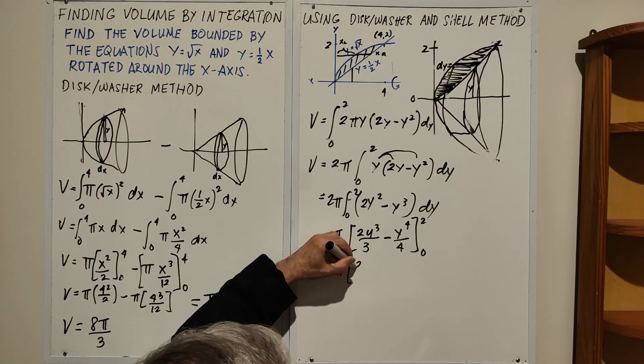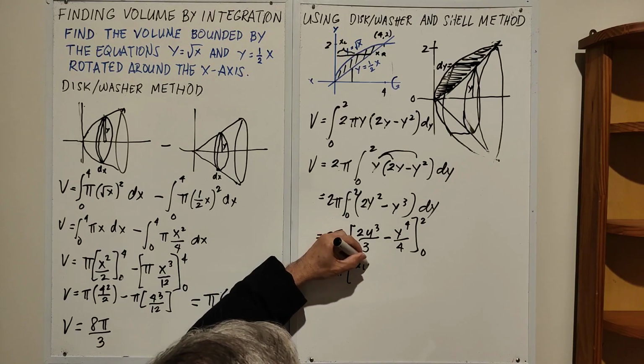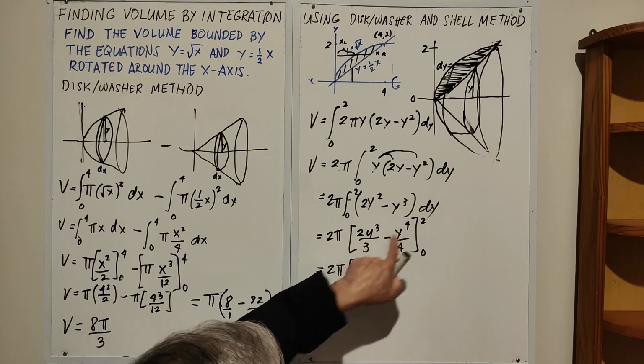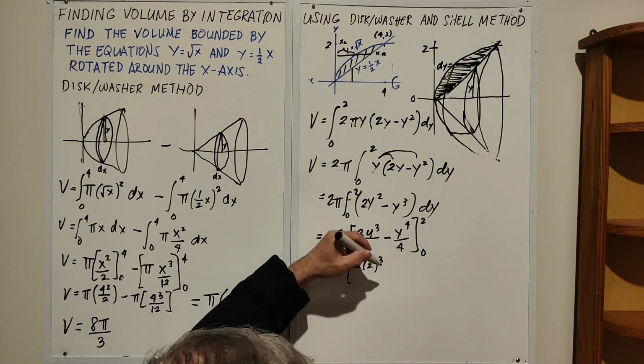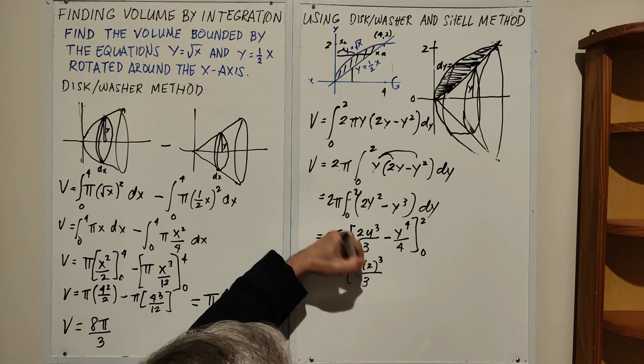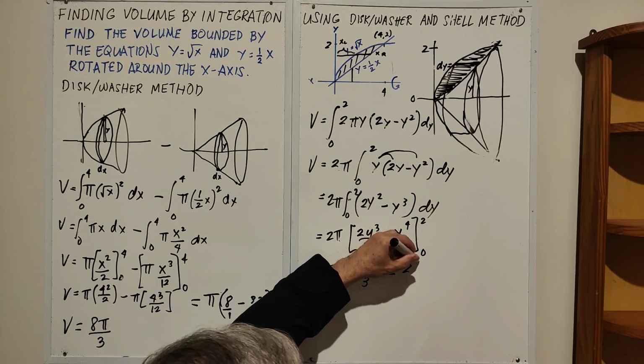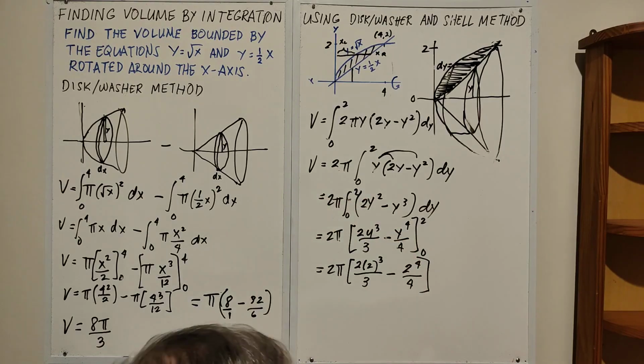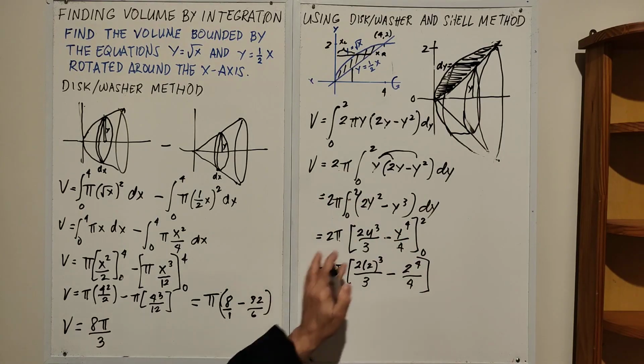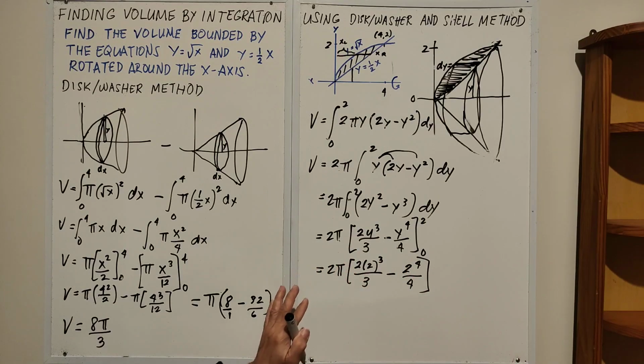So this becomes 2 pi times, we substitute 2 in 2y cubed over 3 minus 2 to the fourth over 4. Now this is mostly algebra or arithmetic.